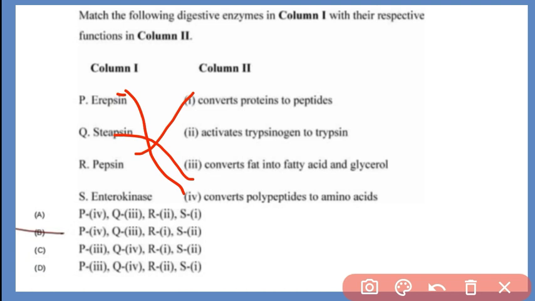Then enterokinase. Enterokinase is an enzyme produced by cells of the duodenum, and it converts trypsinogen into its active form trypsin. Enterokinase activates trypsinogen into trypsin.